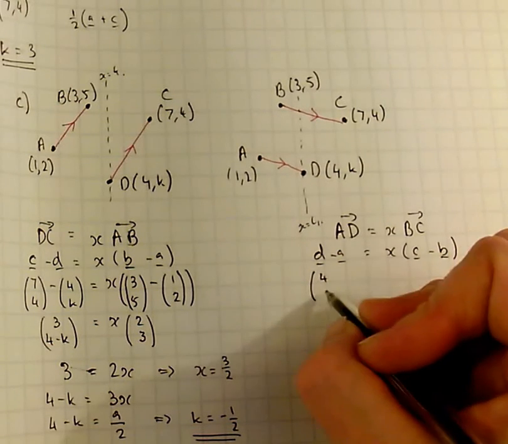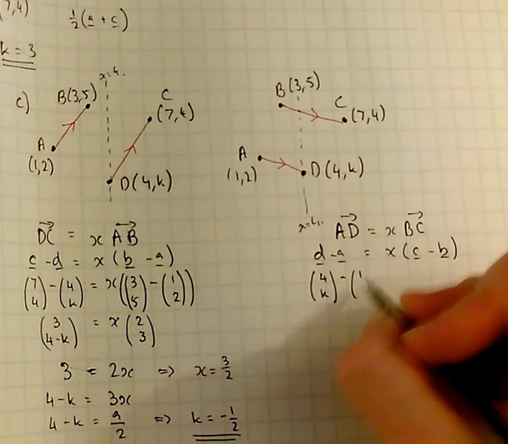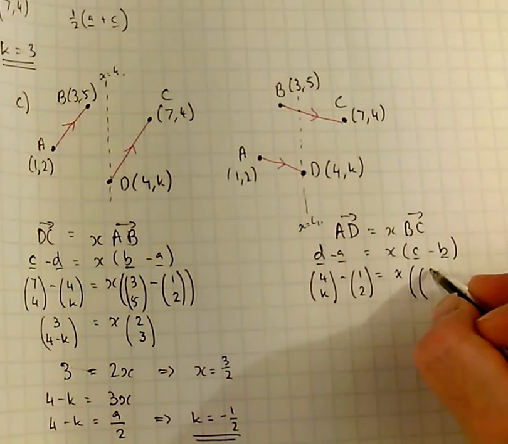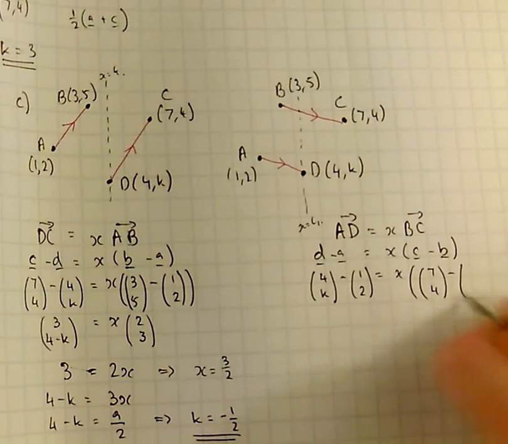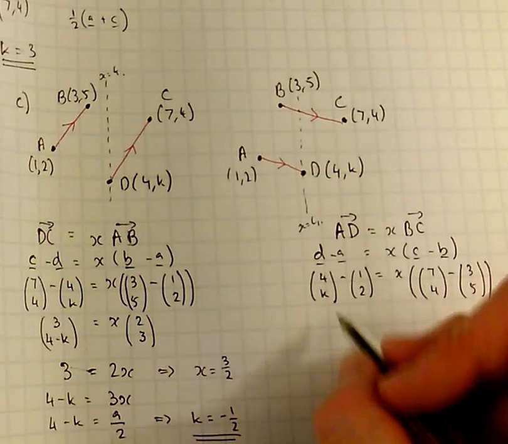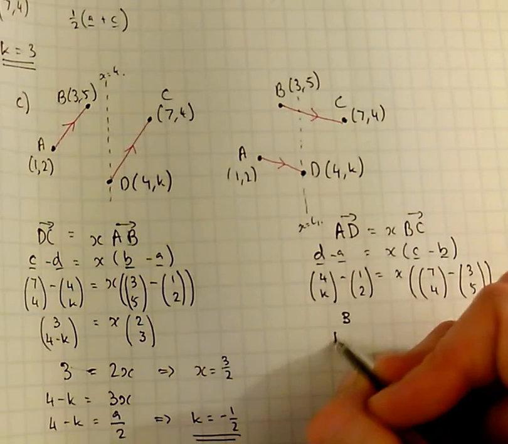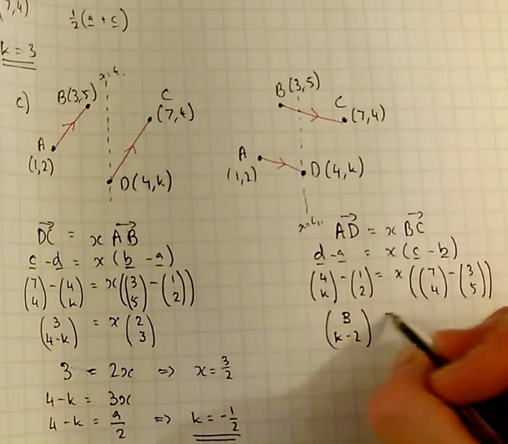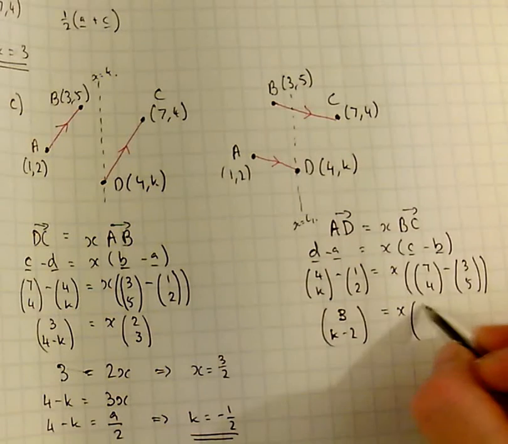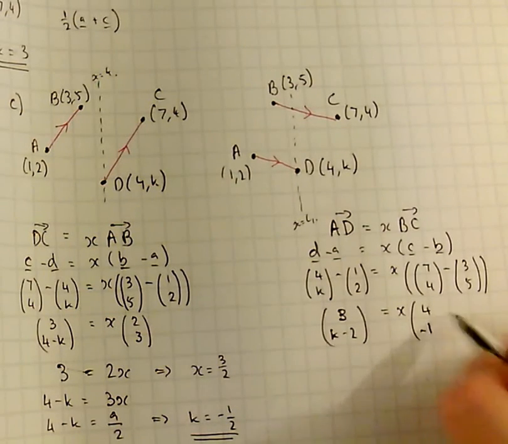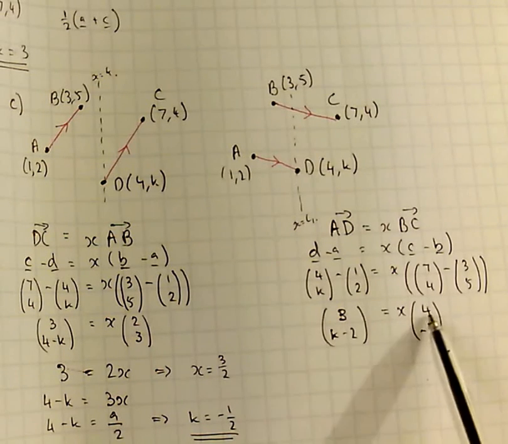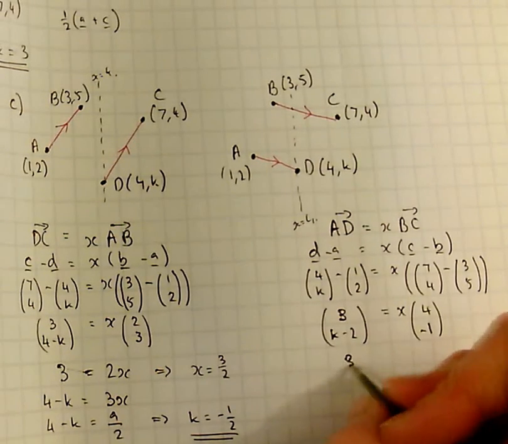So D is (4, k), and A is (1, 2), and then C is (7, 4), and B is (3, 5). If we simplify that, we've got 4 minus 1 is 3, and k minus 2 for our vector on the left, and then we've got x multiplied by 7 minus 3 is 4, 4 minus 5 is −1.